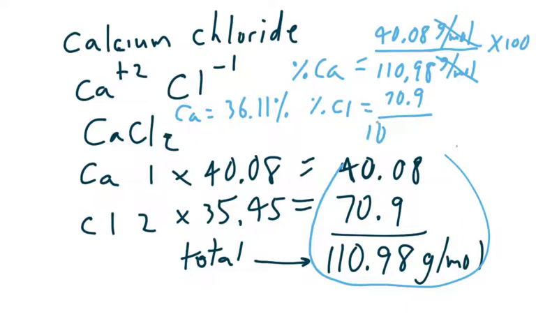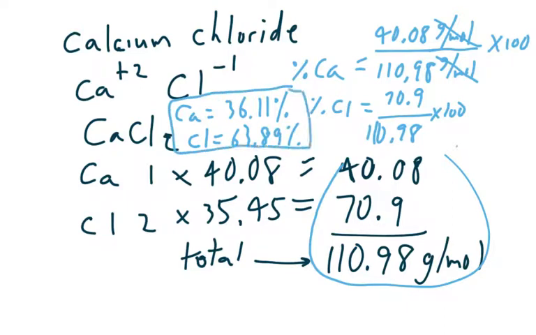Divided by 110.98. And again, times 100 to make it a percent. So 70.9, which is the total of chlorine, divided by the 110.98, which is the total of the compound, and then times 100, you're going to get 63.89%. I rounded that part at the end. And these two, if you add them up, end up adding exactly to 100%.